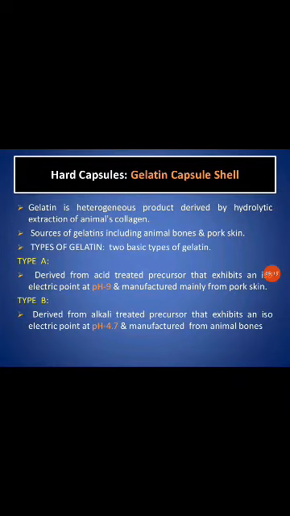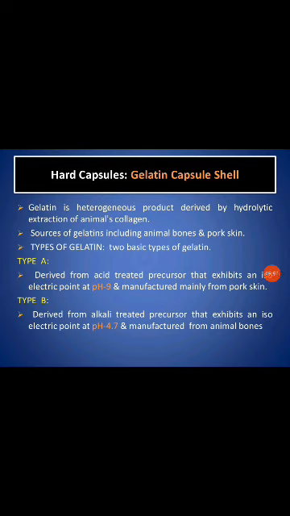Now we will discuss the preparation of the gelatin capsule shell. Generally they are derived from skin or bones of animals, and based on how they are manufactured, there are two types of gelatin possible, that is type A and type B. Type A is called acid treated, and it is derived from pork skin, which has an isoelectric pH of 7 to 9.